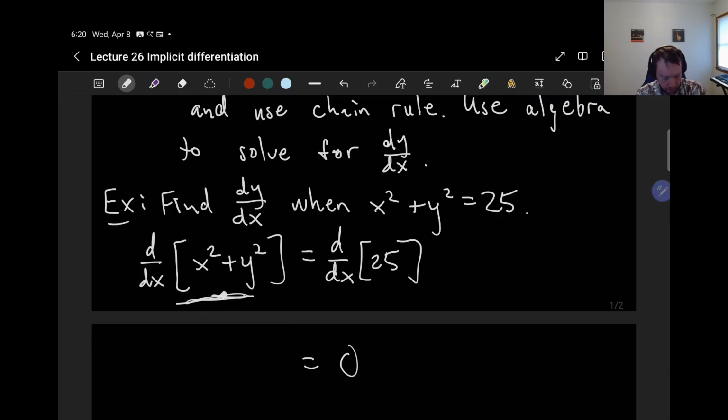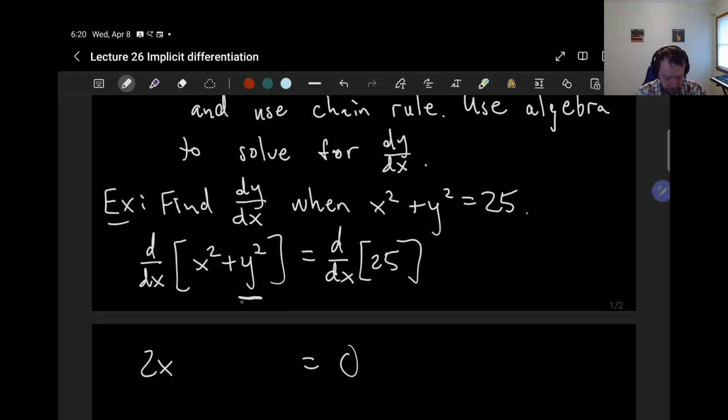So what happens over here? Well, it matters that x is my variable. So when I encounter the x squared, I treat that as normal, just 2x. But what's going on with y here, so I'm taking the derivative with respect to x.